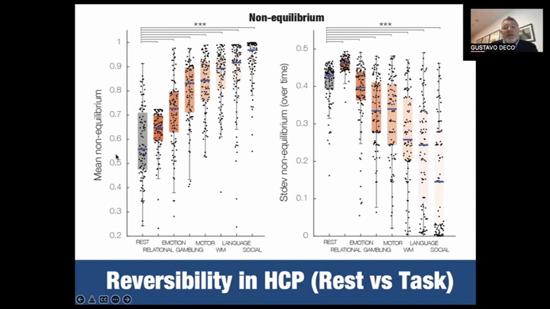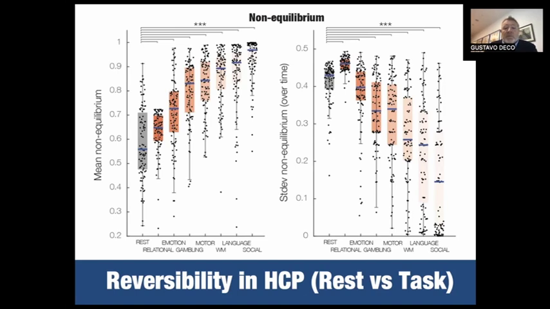And you see very clearly that resting is, of course, non-reversible, but it's the condition with the lowest non-reversibility, and the different tasks show an increasing level of non-reversibility, which makes sense from the point of view of non-equilibrium, because of course the brain is much more driven by the environment.